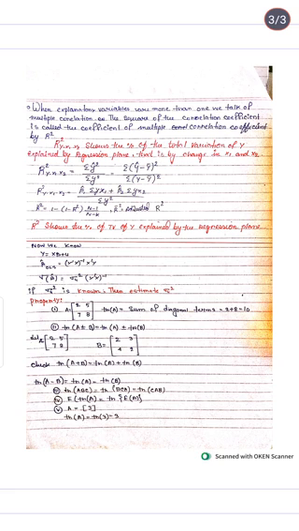Now when explanatory variables are more than one, we consider multiple correlation. The square of the correlation coefficient is called the coefficient of multiple correlation, that is denoted by capital R square. The previous case was the correlation coefficient for only two variables, but now we have more than two variables. Here we consider the multiple correlation coefficient, denoted by capital R square.